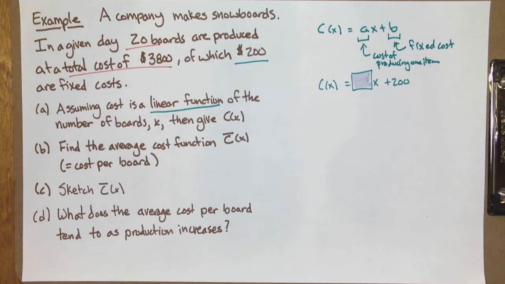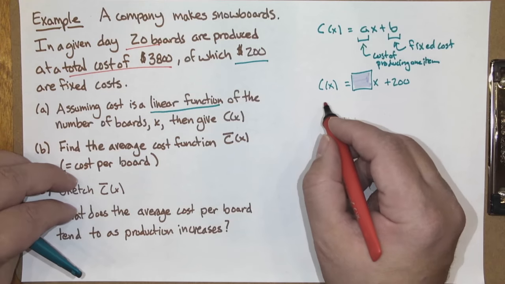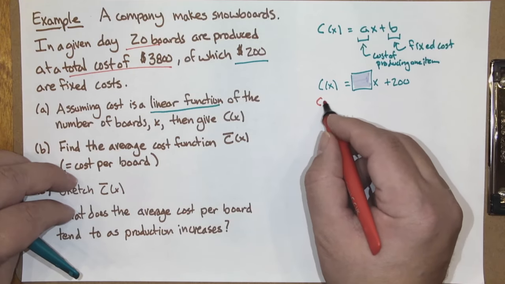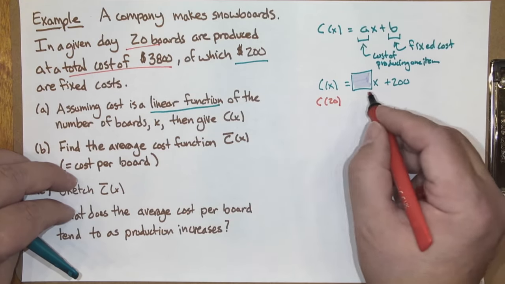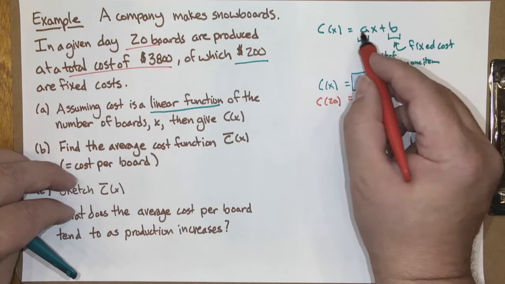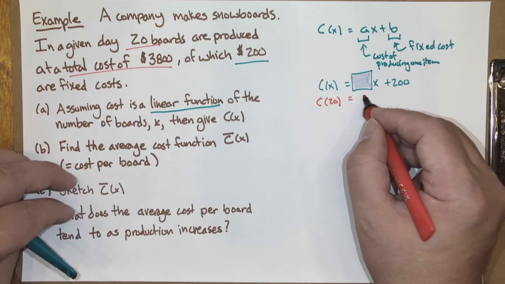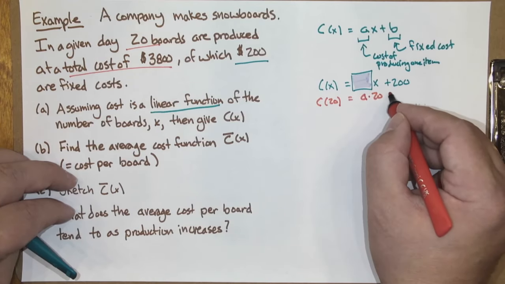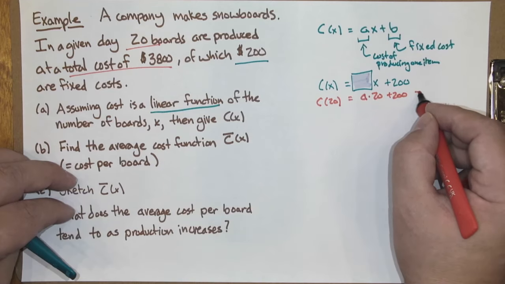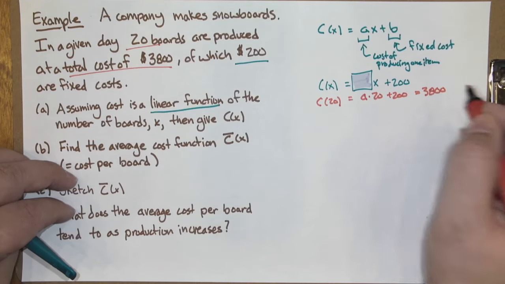So when we made 20, it cost us $3,800. So how do we use that? Well, we say let's plug in 20. So the cost of producing 20 is, we can come up here, it's like A times 20 plus 200, and that equals 3,800.